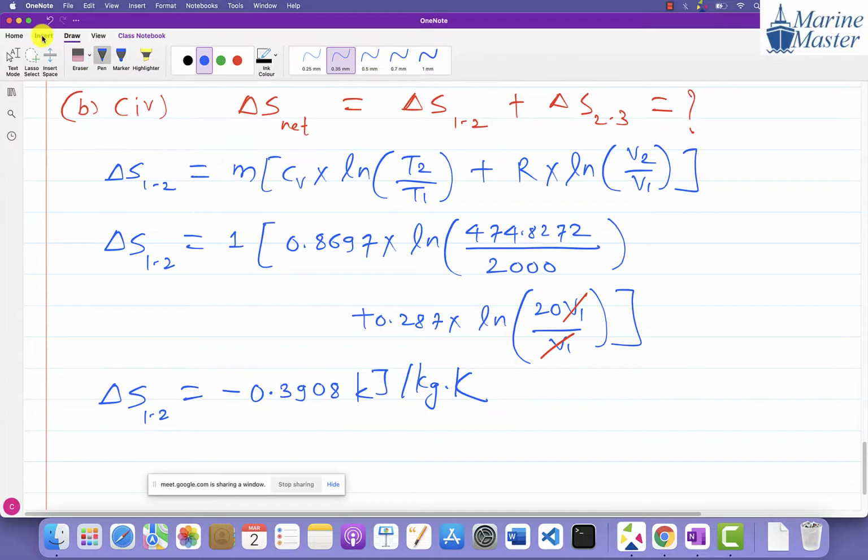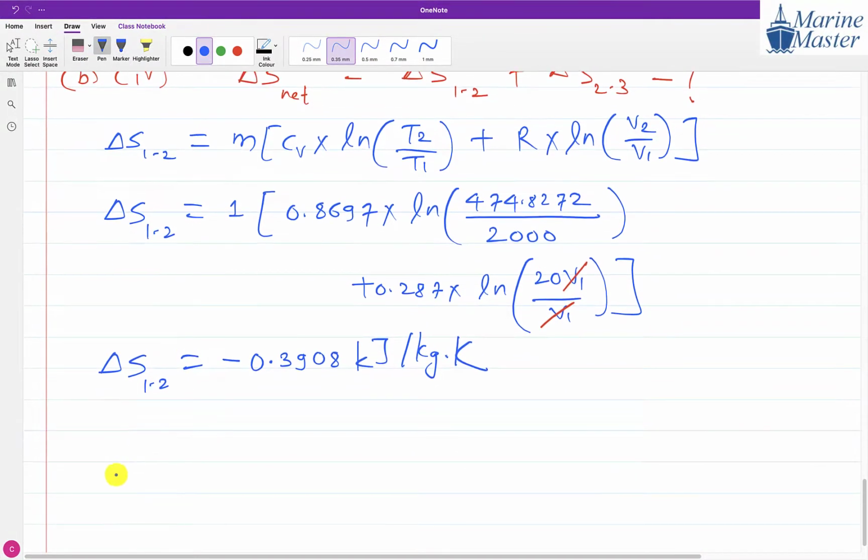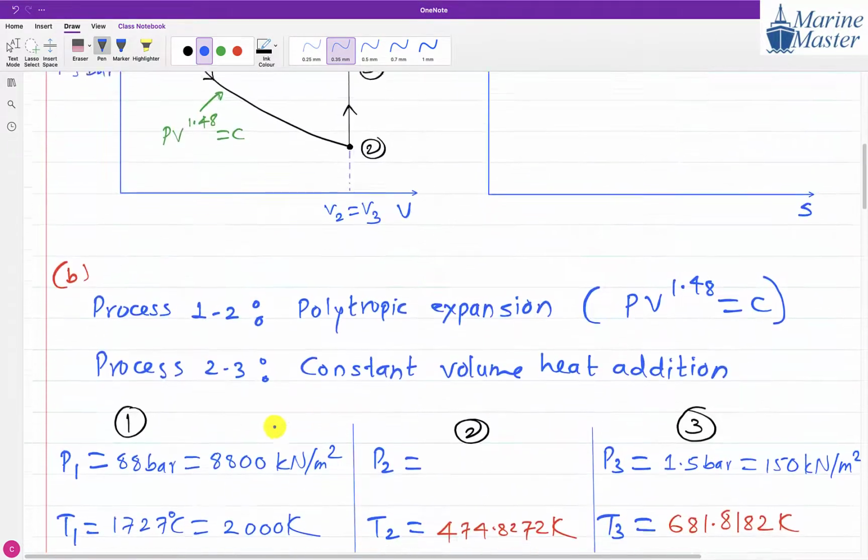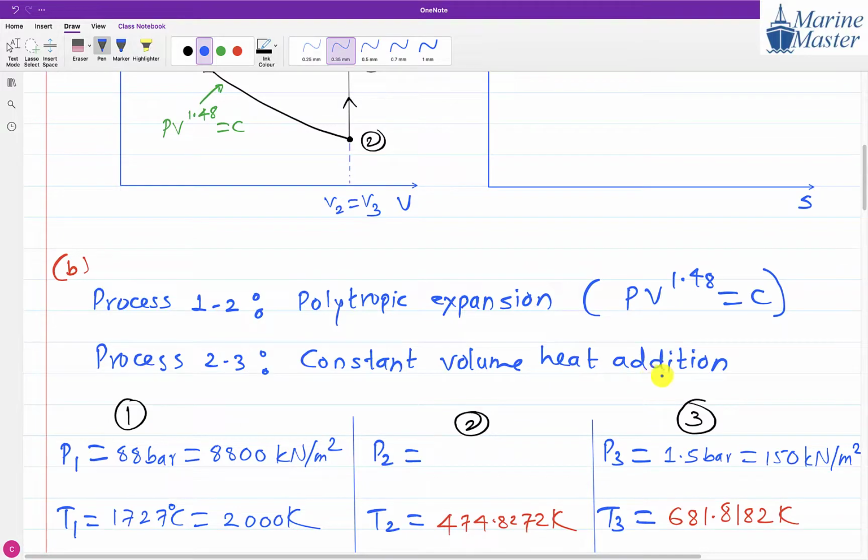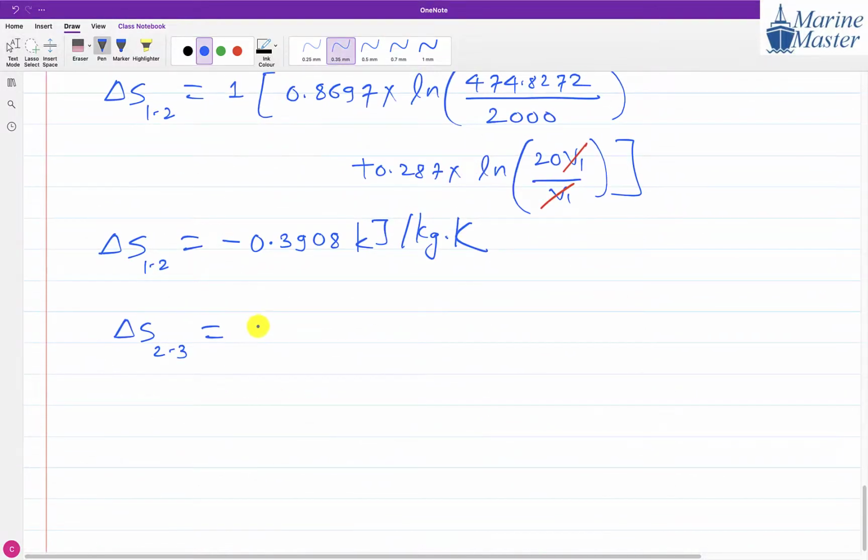After that, delta S 2 to 3. What is the 2 to 3 process here? We have constant volume heat addition. So m Cv ln T2 by T1, but instead of T2 by T1 we will use T3 by T2.